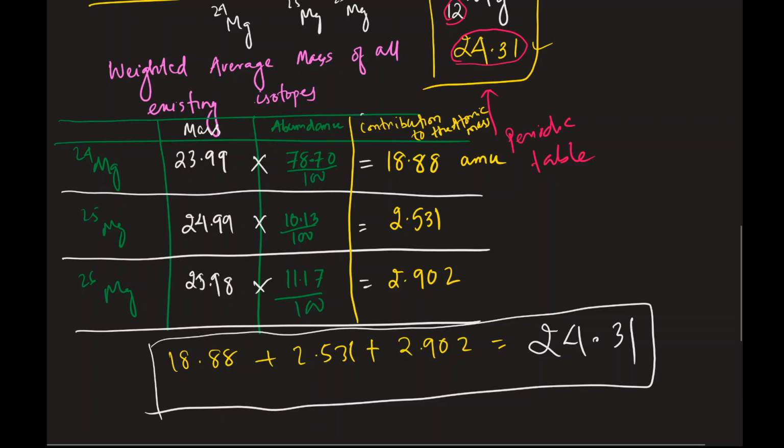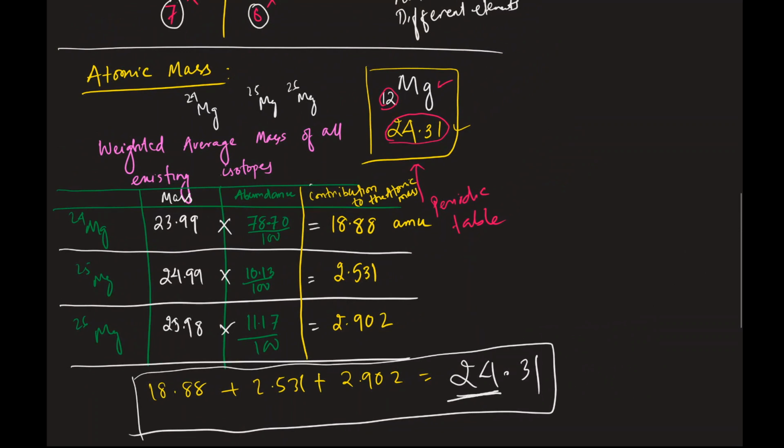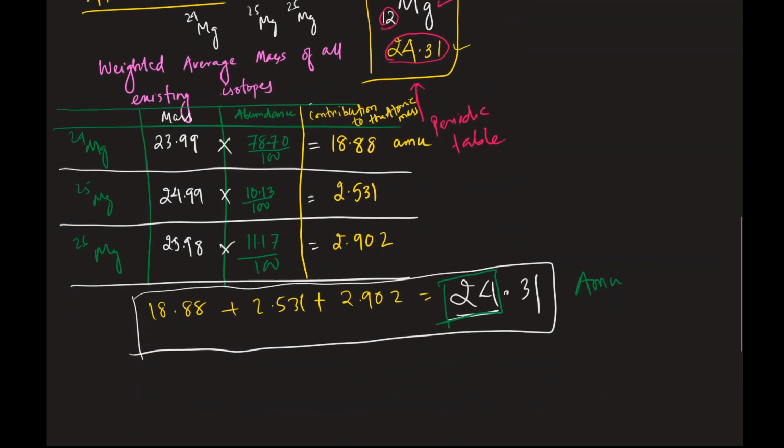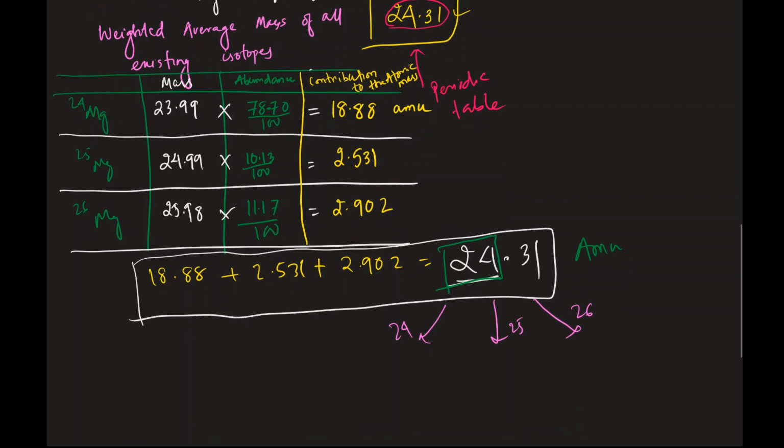You will be asked in exams and in homeworks to calculate the atomic mass of any given element. All the isotopes will be given to you, and you can just do a weighted average mass. Also, if you look at the atomic mass number and see which isotope's mass number it is closer to: magnesium has three isotopes, 24, 25 and 26, and 24 is closer to this number.